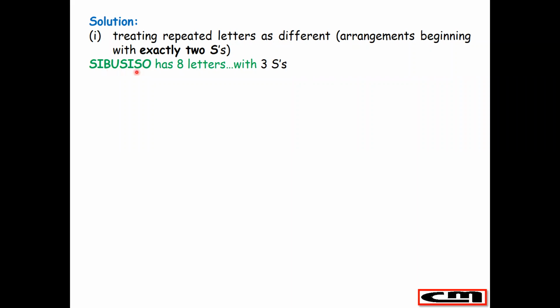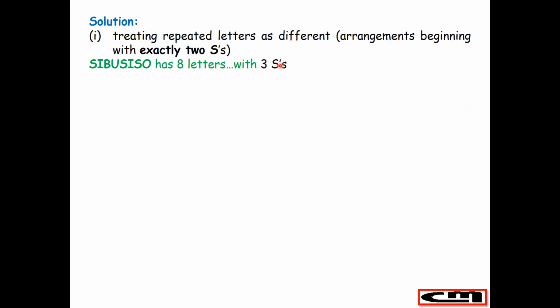They are all different. If I count Sibusiso with 8 letters, we have 8 different letters. That is the meaning of treating the repeated letters as different.